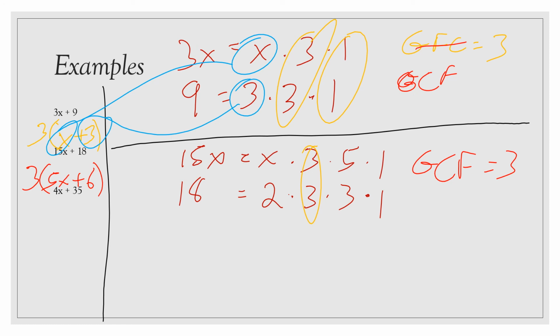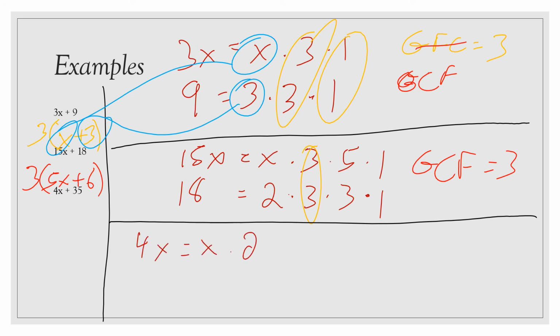All right, our last one. Our last one is 4x plus 35. We're going to be asked to factor this down. So let's start with our 4x. 4x is x times 2 times 2, because 2 times 2 is 4, and then that times 1.